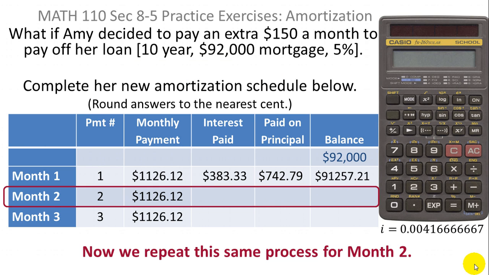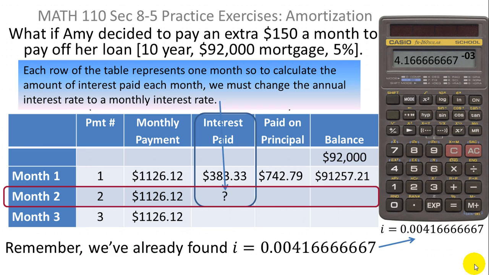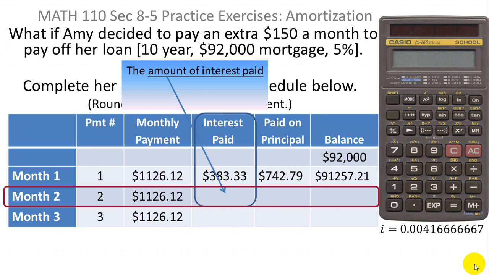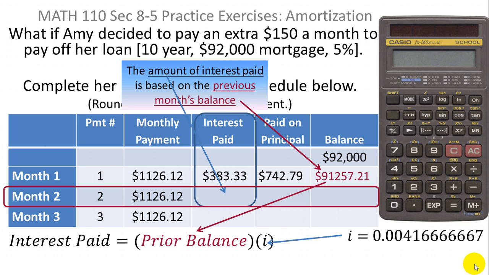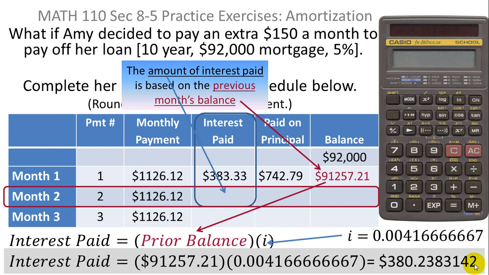Move to month 2, repeat the exact same process. The amount of interest paid is simply the previous month's balance, which is now $91,257.21, multiplied by the interest rate per period, which we calculated some time ago. Multiplying those two numbers together, you get 380.2383142.